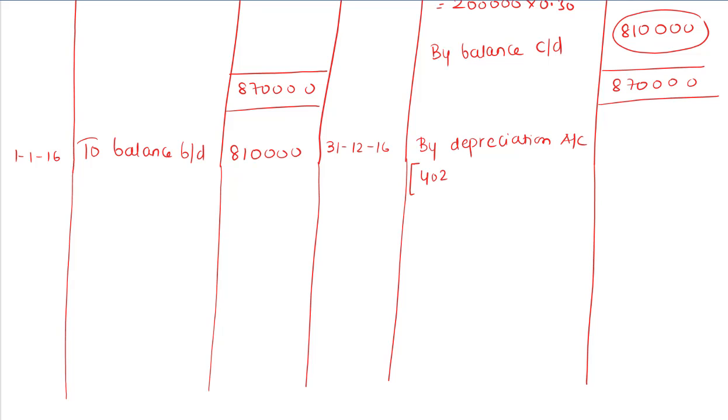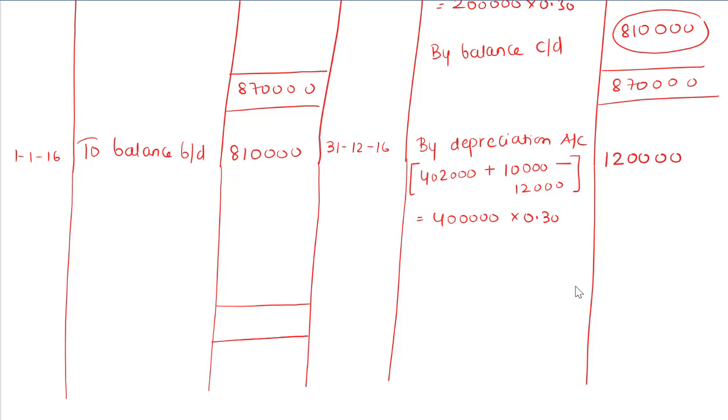For 2016 we need to calculate 4 lakh 2,000 plus 10,000 minus 12,000. Do it on your calculator. It is 4 lakh. 4 lakh multiplied by 0.3 is 1 lakh 20,000.